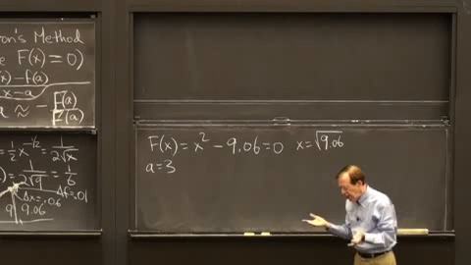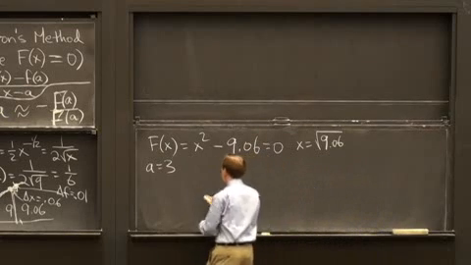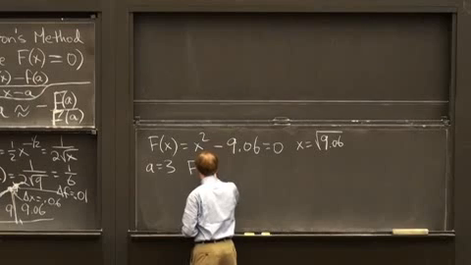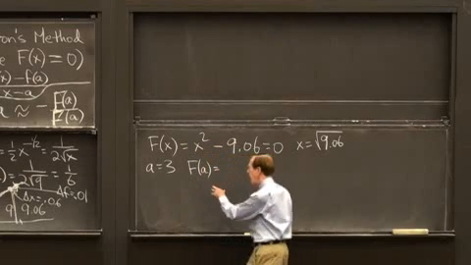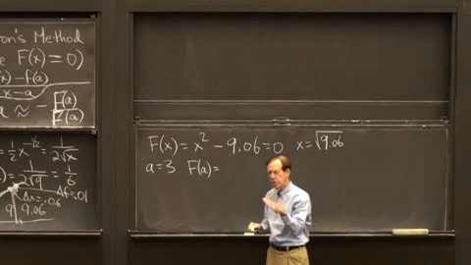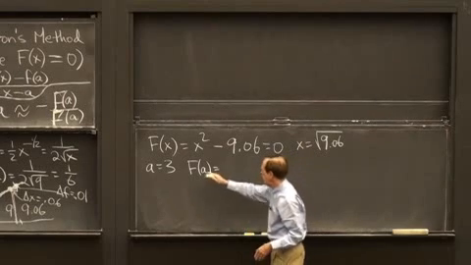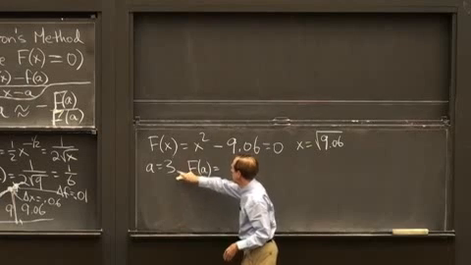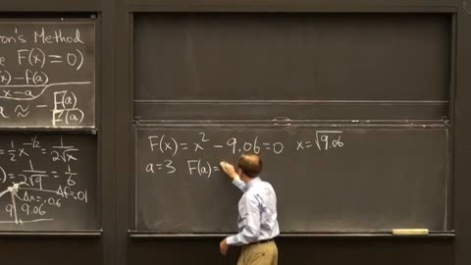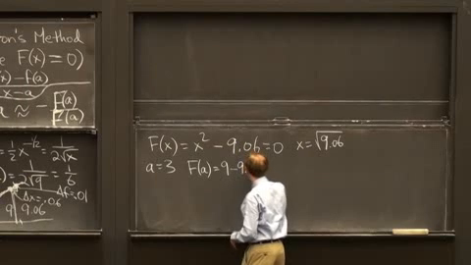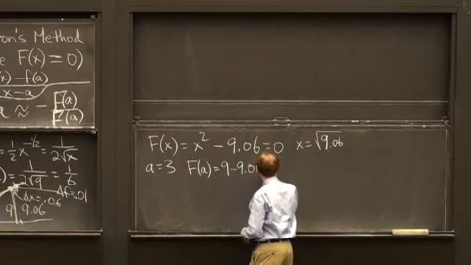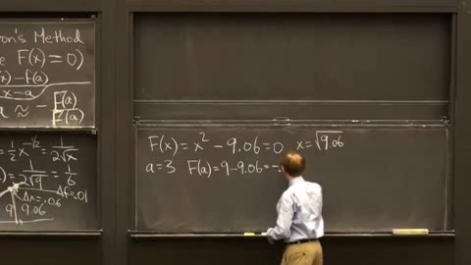At that point, I figure out f of a. Newton wants to know f of a, the value, and Newton also wants to know the slope. So the value at a is 3 squared, which is 9, and 9 minus 9.06 is minus 0.06.